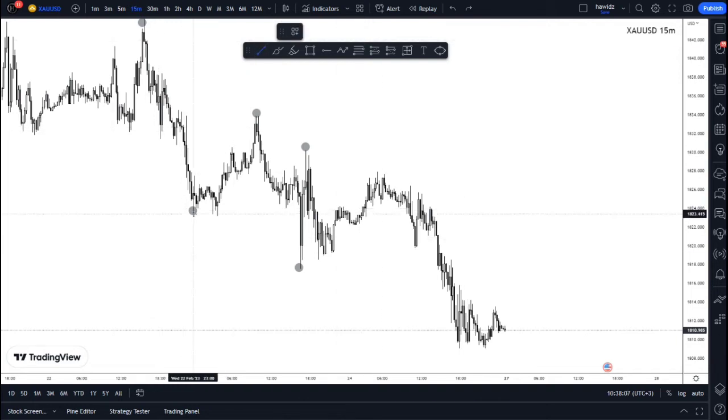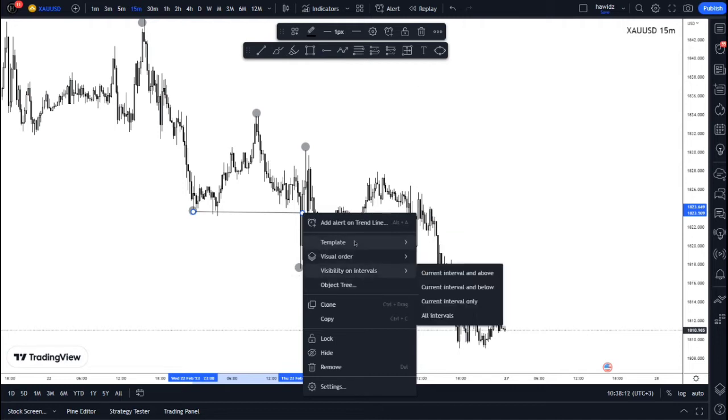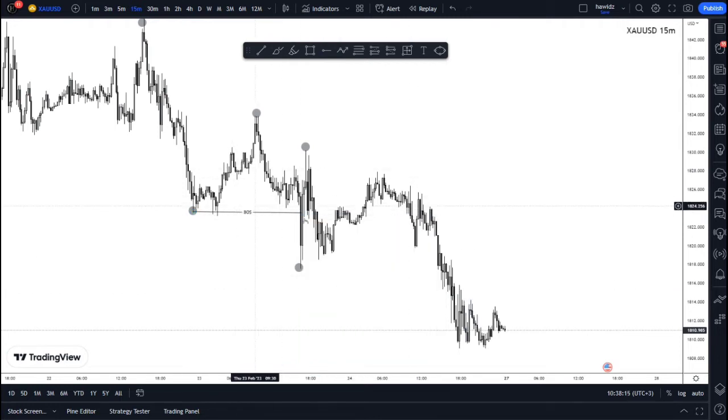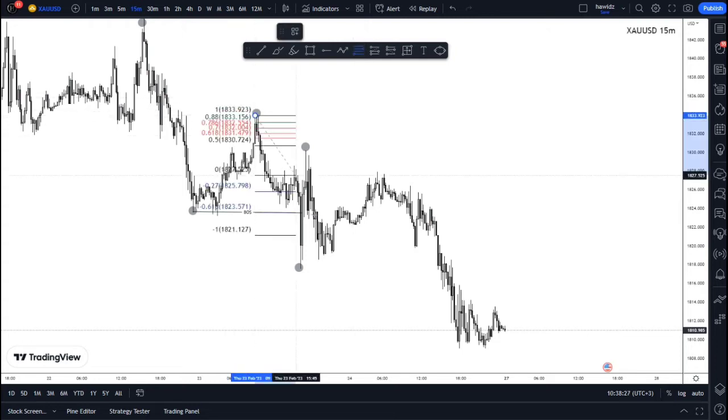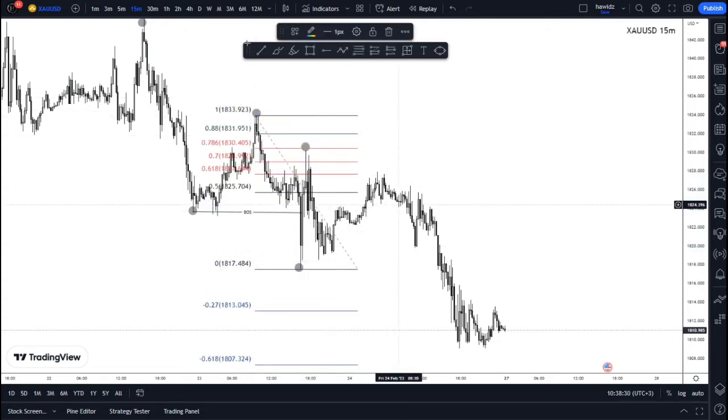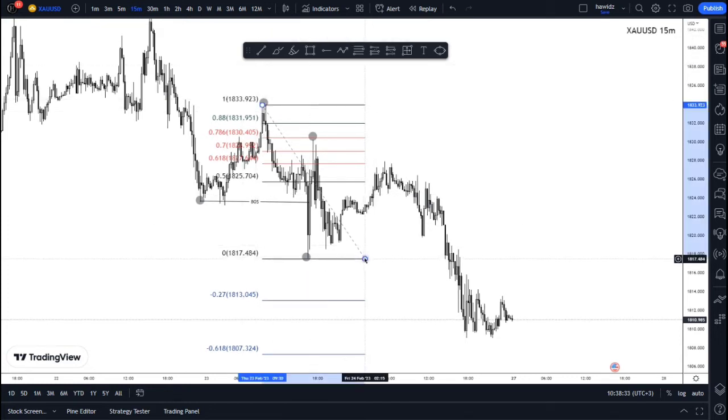So I'm going to illustrate in this area here when we had this break of structure, right? We have a structural impulse bearish with a break of structure that originated from a high to form a lower low. And from that, we can now place our fib tool from the high to the low, right? You need to take these at exact points, right?